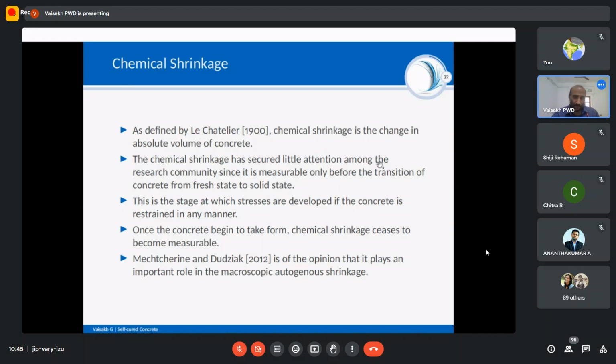But this is not that much considered by the researchers and engineers, because once the concrete takes its form, the chemical shrinkage cannot be measured. But it is very important in determining the macroscopic autogenous shrinkage of concrete.